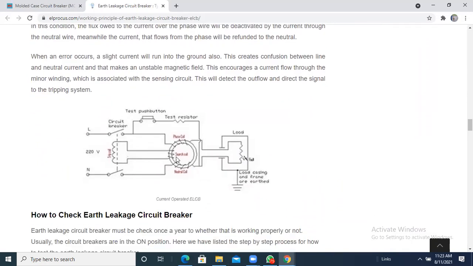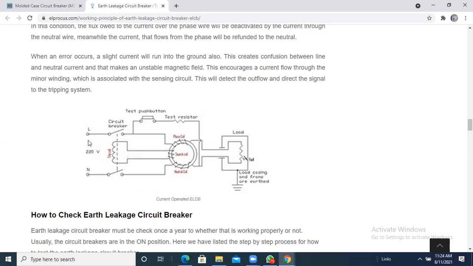See here, this is the ring, a circular iron ring. This is the phase, this is neutral, the phase and neutral of the supply. Supply is 220 volts or 230 volts in your house.